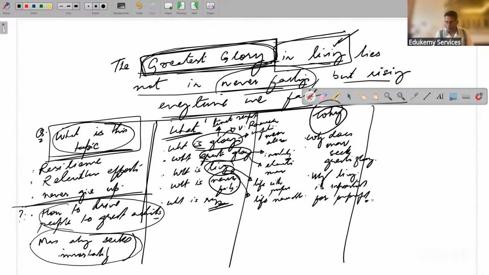And here living, I'm qualifying. Living is purposeful living. So why is purposeful living as important for us? Why do people assume greatest glory is about never failing?